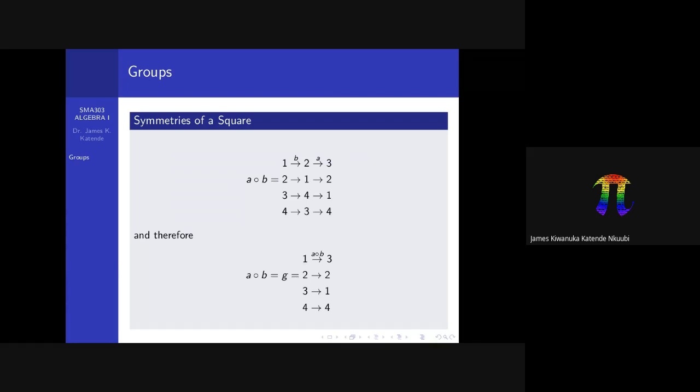Does that answer your question? Yes. So remember, the order of operation for composition is from right to left. The rightmost function will act first, and we'll move towards the left after that.